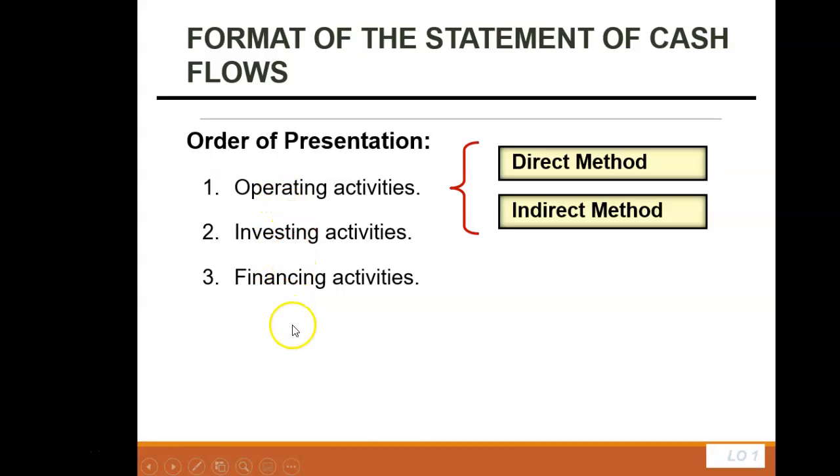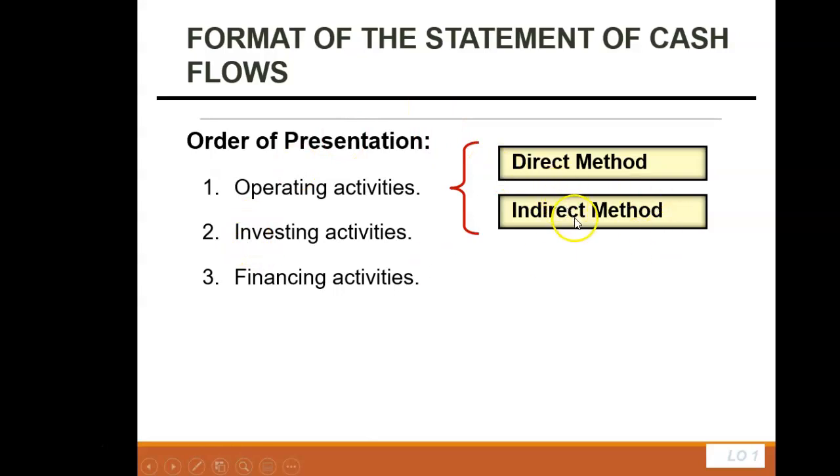The order of presentation is the same on either approach. With the direct method, which we'll look at a little bit later, we're going to identify every cash source, show all our cash inflows, and show all of our cash outflows.